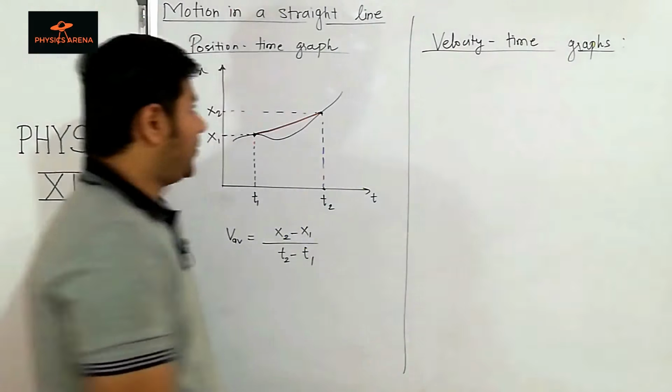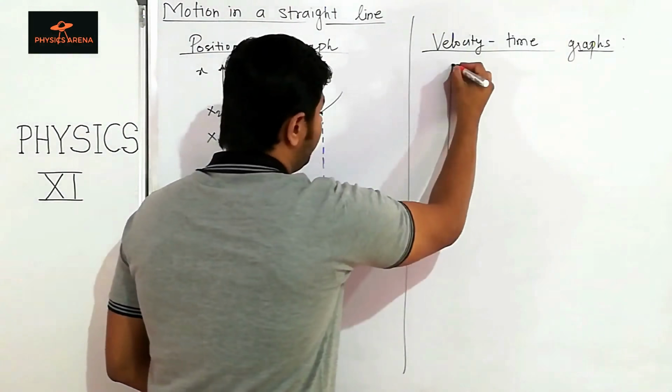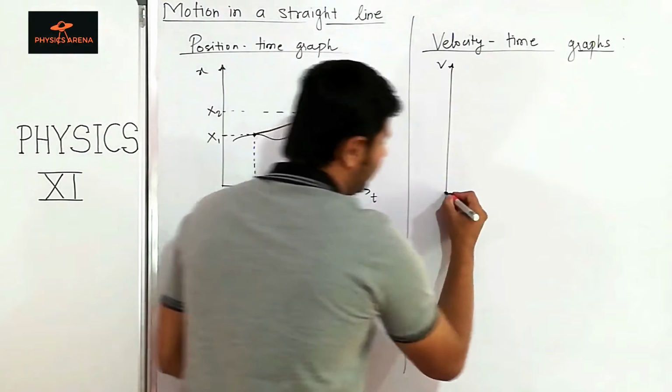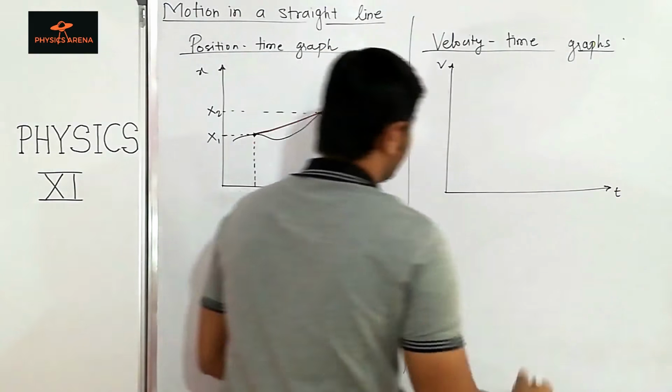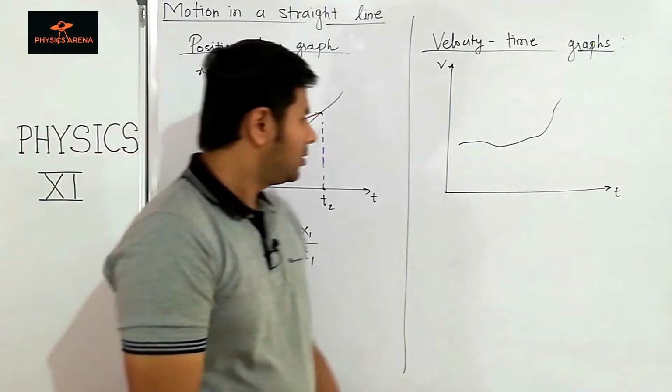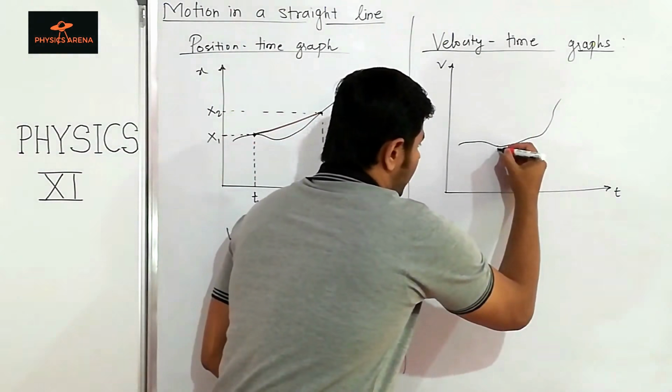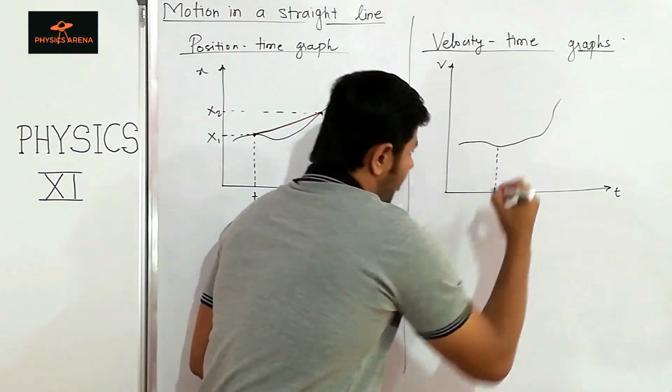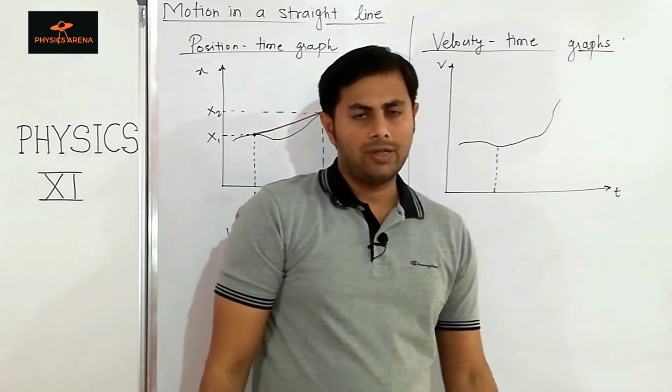Similarly, if I take a velocity versus time graph, any random v versus t graph, the information I get from this graph is acceleration.